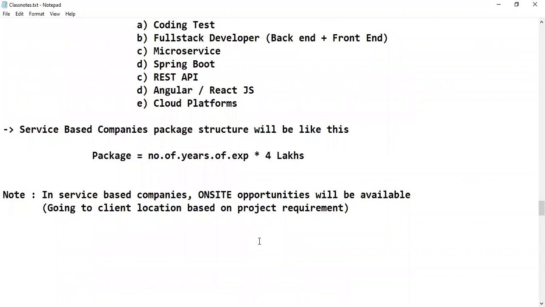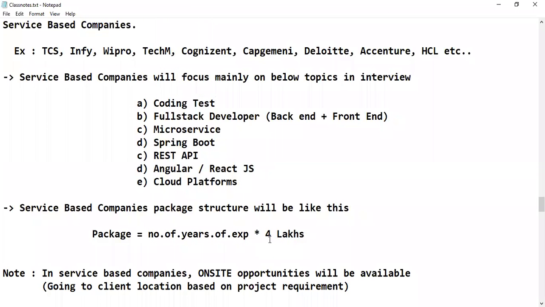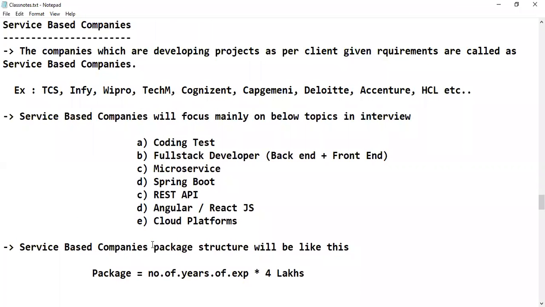A lot of demand will be there for on-site opportunities in the company. So managers will select people for on-site opportunities based on performance and the knowledge they have. Sir, if I work in the TCS company, will I get the on-site opportunity? It depends upon your performance.